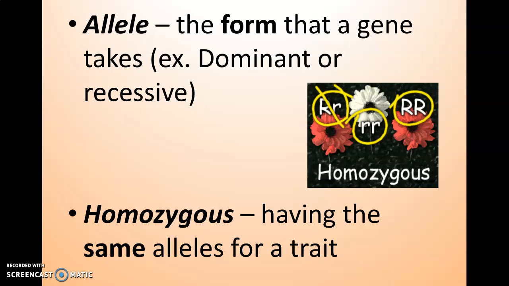So the ones that have a capital R are homozygous because both letters are the same, they're both capital. And the ones that have the lowercase r are homozygous as well because they are the same letter or the same version of a trait. They're the same allele.